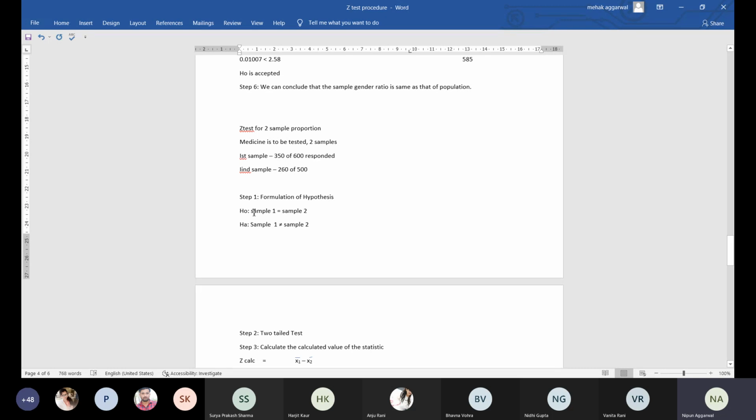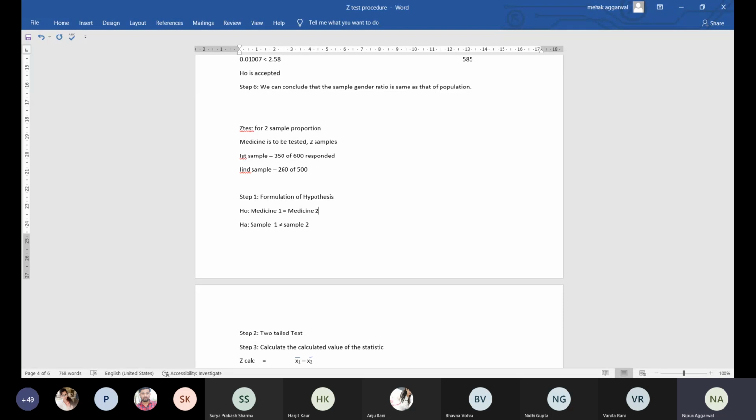So for the formulation of hypothesis, H0 says medicine 1 is equal to medicine 2. So that will be your null hypothesis, which says that there is no significant difference between medicine 1 and medicine 2.